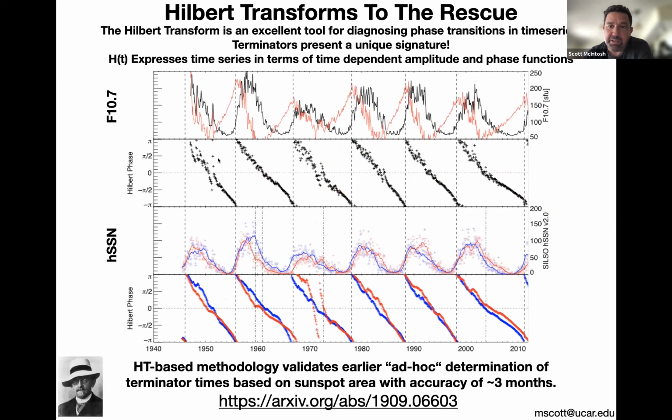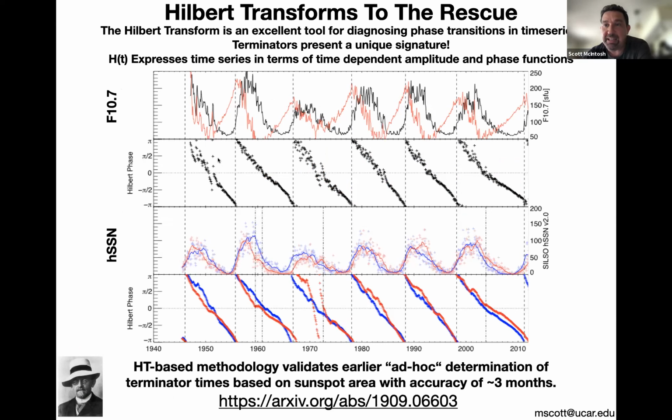Not going to go into these plots in a lot of detail, except to tell you that when there's a phase jump in the Hilbert transform, so if you know what a Hilbert transform is, it's basically a glorified Fourier transform that takes into account that the phase of the time series is not stationary anymore. And so it's like the next step up.